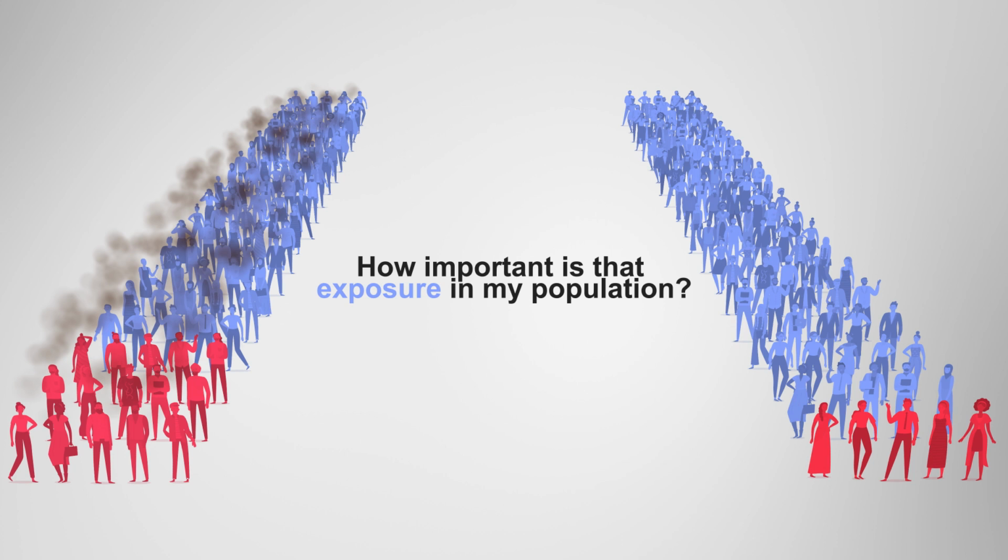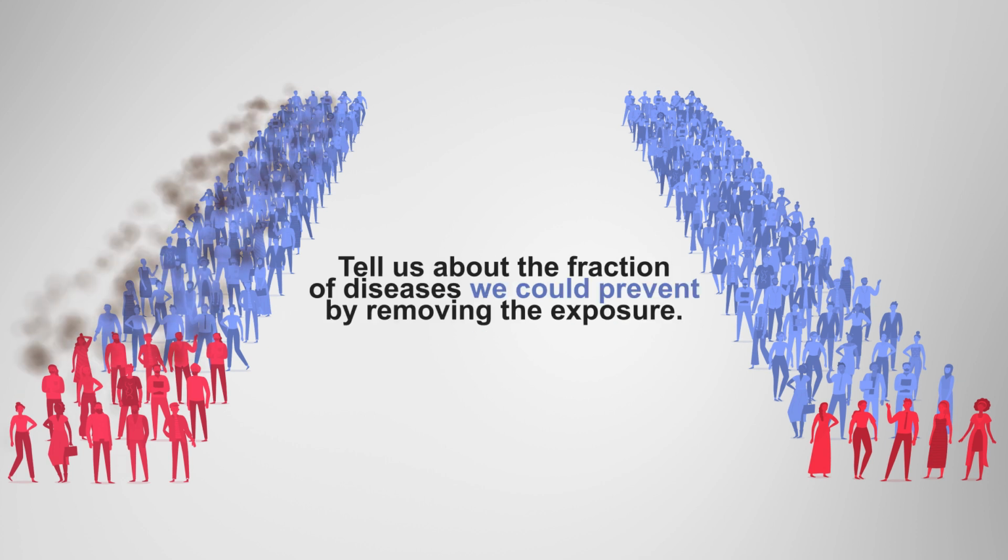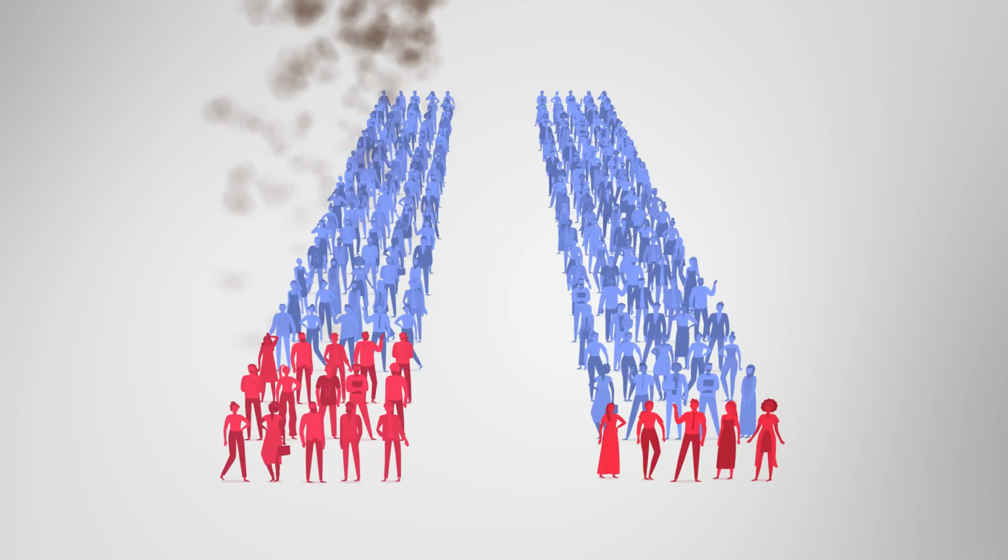So, in fact, we are interested in knowing how many cases in the total population can we attribute to a specific factor. And why is that interesting? It would also tell us something about the fraction of the diseases we could, at least in theory, prevent if we would remove that exposure.